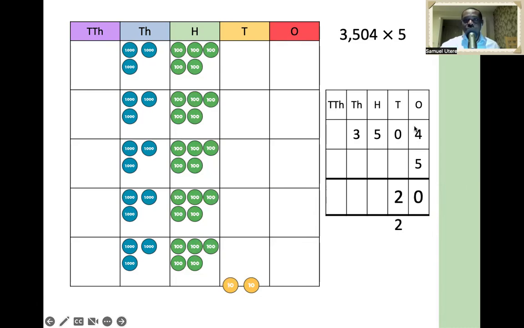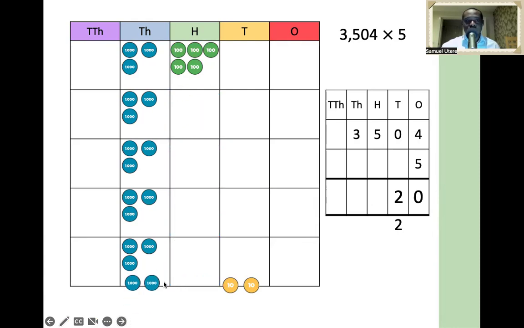Next, 5 lots of hundreds will give us 5 hundreds. Now remember, we can exchange 10 hundreds for 1,000. When we exchange those, we will have 2 thousands.